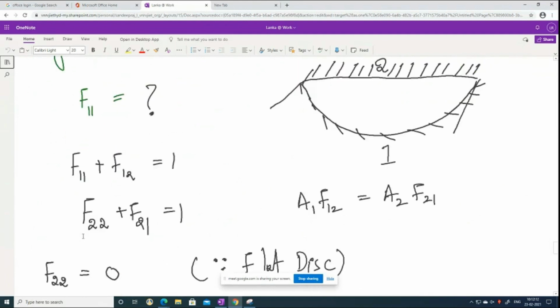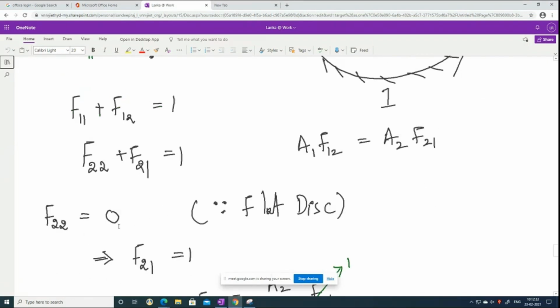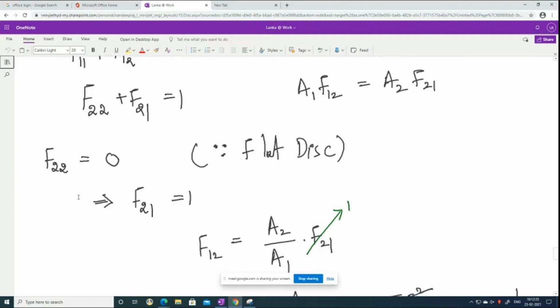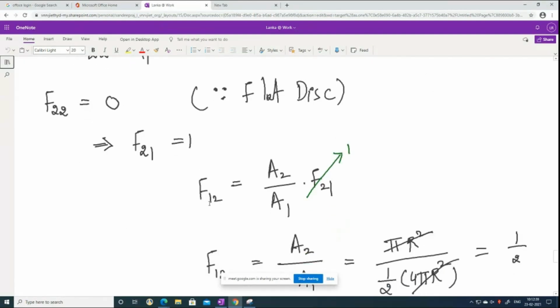The concept is like, first you will make use of the sum of shape factors is equal to 1, that is on one side. The other thing is you will make use of the reciprocity theorem. So using these two, you will solve this. You will imagine a flat disk here, that is 2. So for that flat disk, you will have F22 equal to 0, and F21 will be equal to 1, and F12 is equal to this one by your reciprocity theorem.